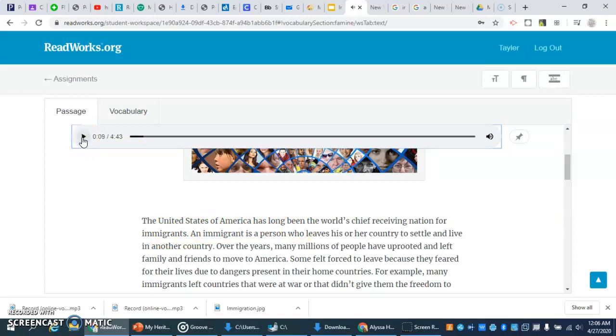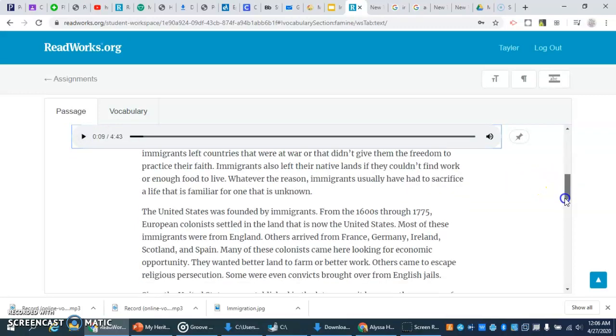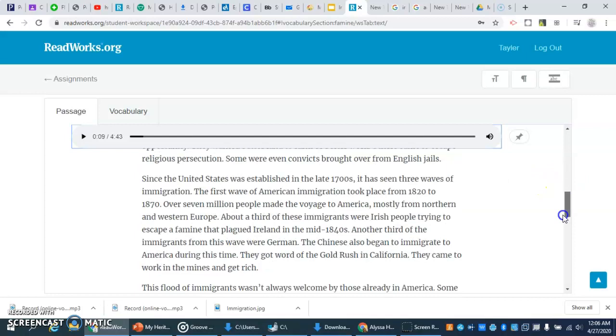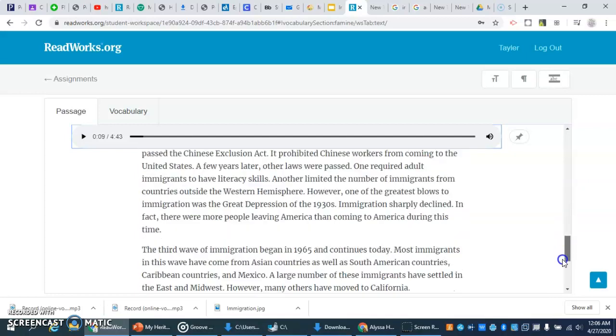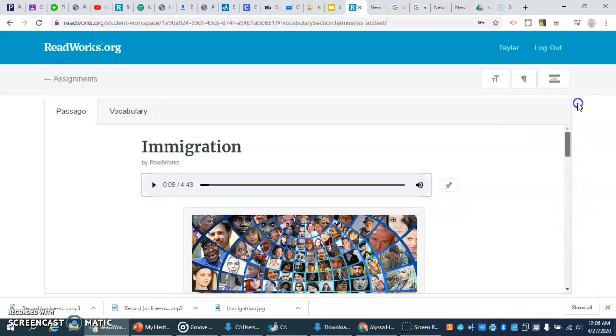That's almost a 5-minute read along. It is somewhat lengthy. And sometimes having it read to you while you read along is very helpful, but that's up to you.